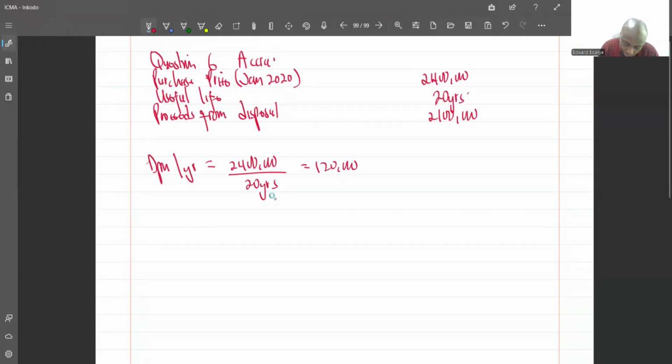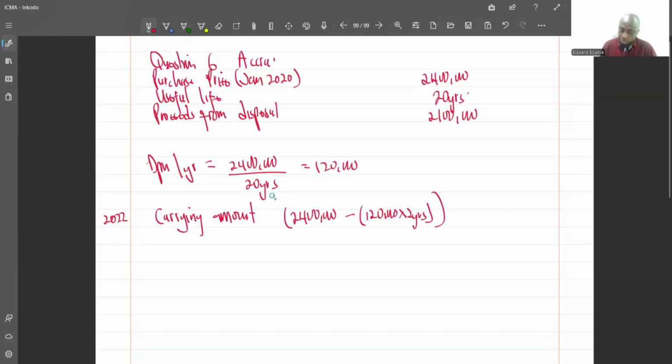So the 2022 carrying amount will be equal to 2.4 minus 120,000 times 2 years. 120,000 times 2 years will give us 240,000. If we subtract that from 2.4, we are getting 2,160,000.